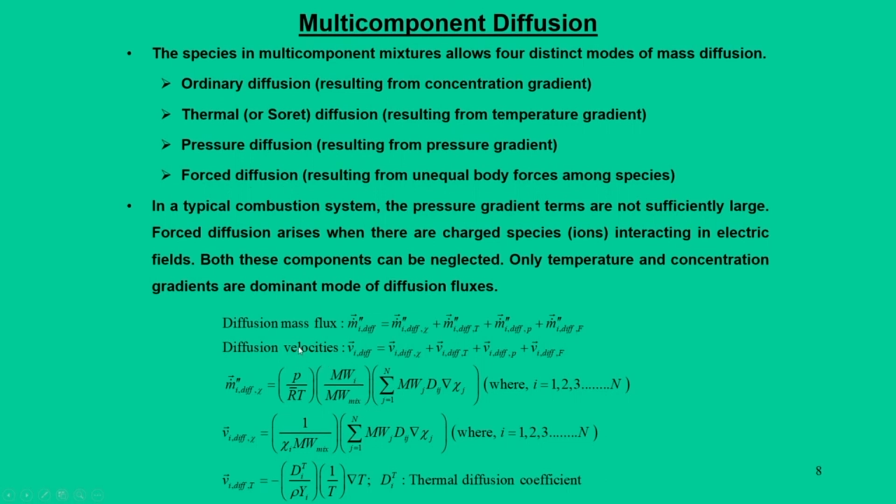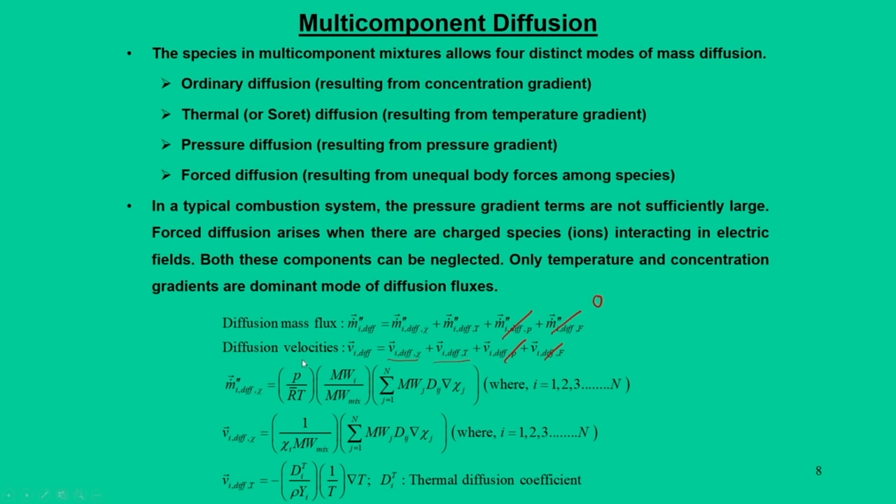So, in general, when you add all these terms, we can define the diffusion mass flux and diffusion velocities, and these velocities are nothing but combinations of all these components, which can be expressed in vector form. And in particular, if you neglect the pressure term and force terms, then there are two important terms: diffusion flux due to concentration gradient, and mass and velocity component due to the temperature gradient.